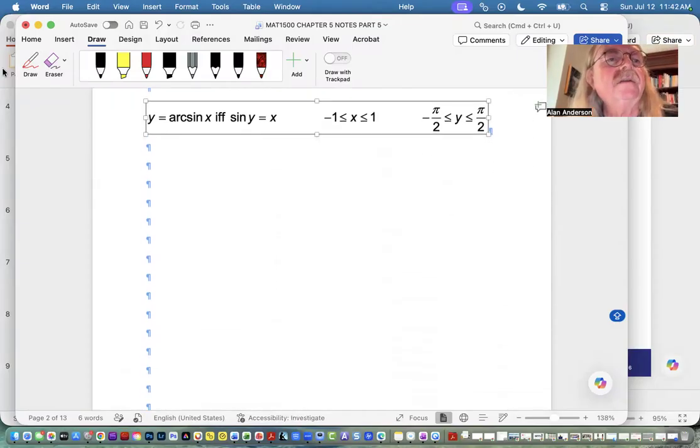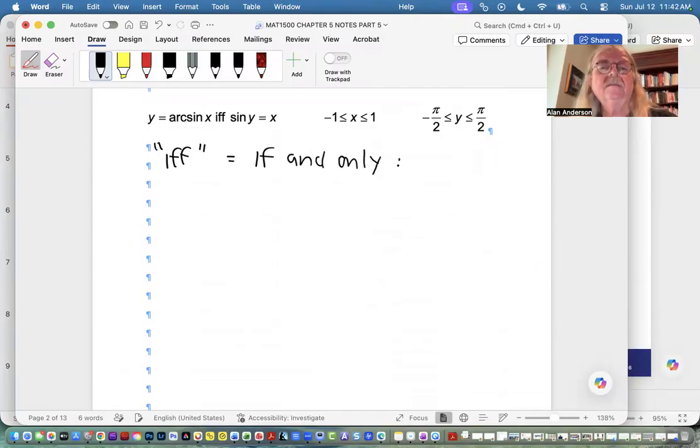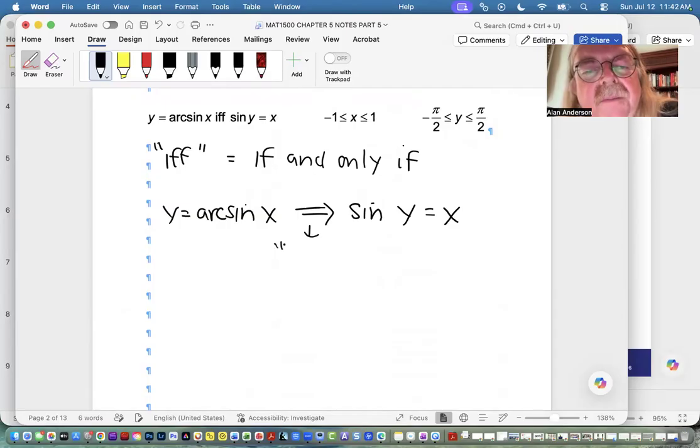Here's how this works. I'll put this in quotes because it's clearly not a real English word, and it's shorthand for the following. In other words, this arrow is pronounced "implies that."